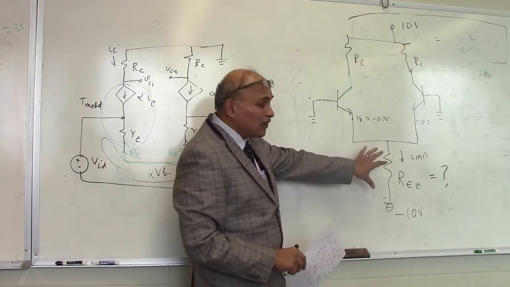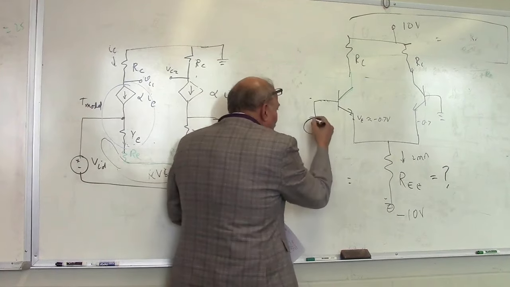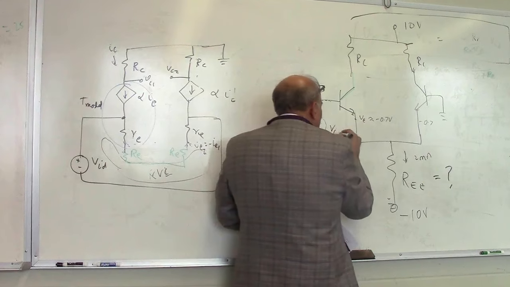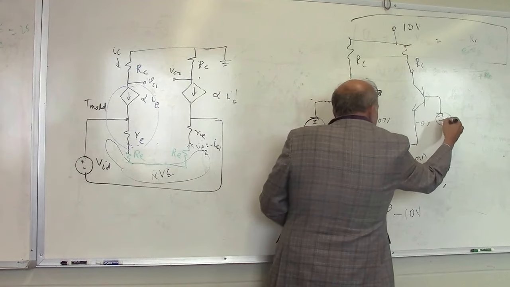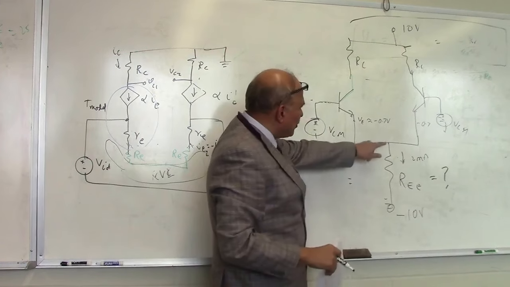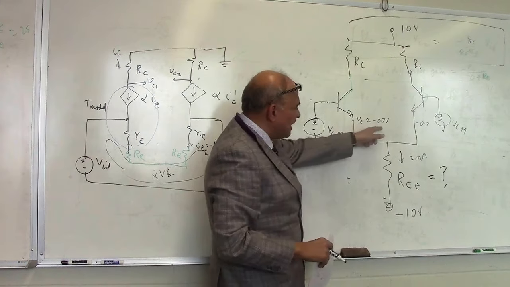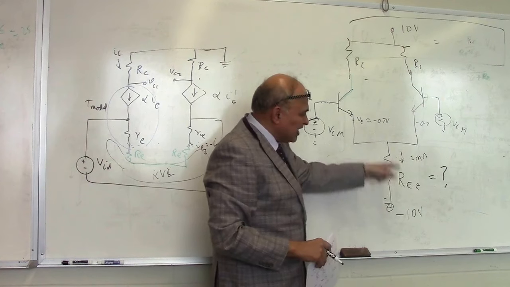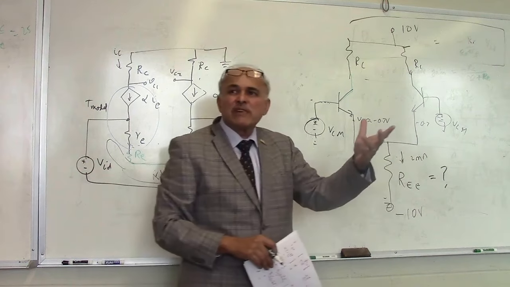Now it will have effect on the common mode. Suppose I apply a common mode voltage here, VCM, and this voltage will go up. It won't be minus 0.7, it will be VCM minus 0.7. And so it will change. But if REE is large enough, that change will be very small.